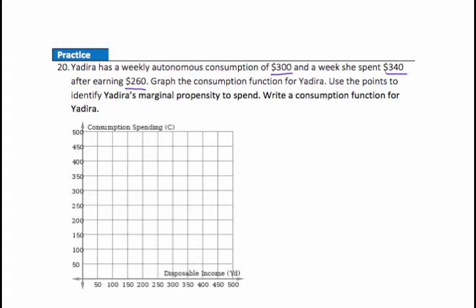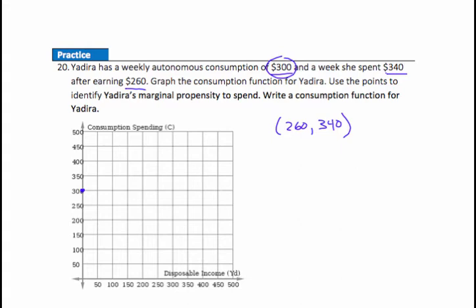All right, let's see. Her autonomous consumption was $300, so that's the point 0, 300. Zero money, she's still spending $300. Now, she also spent $340 after earning $260, so that point would look like this. Earning $260, spending $340.